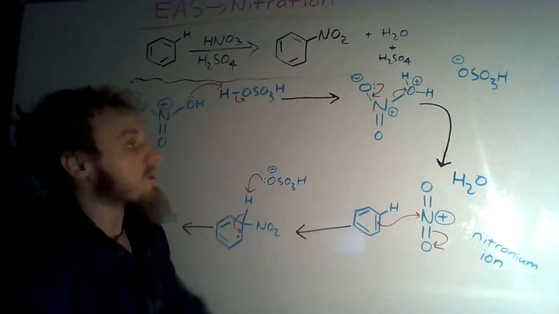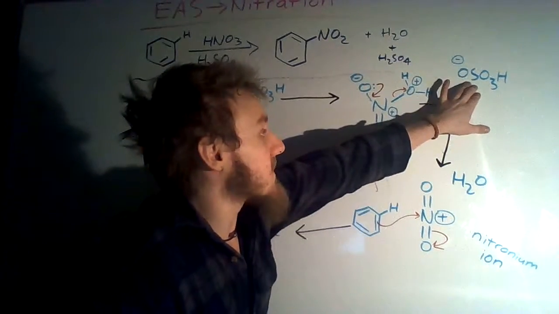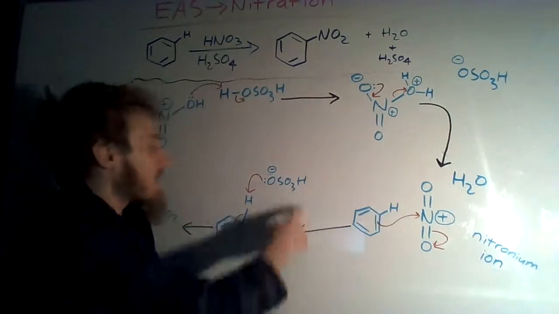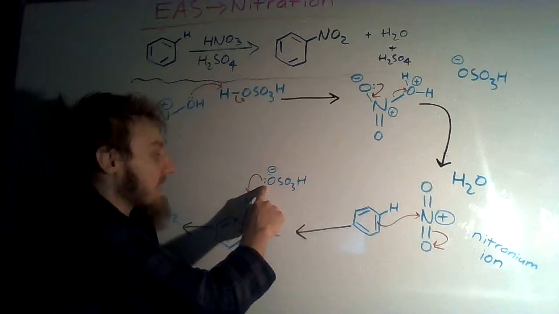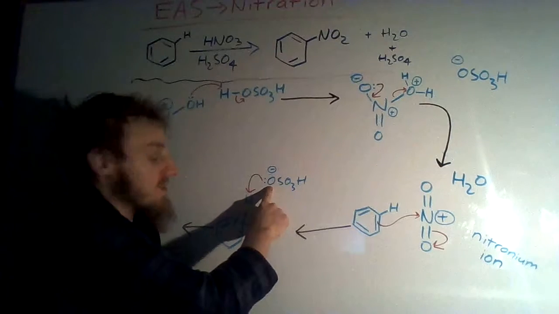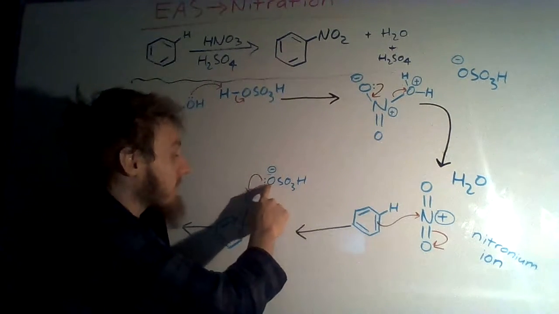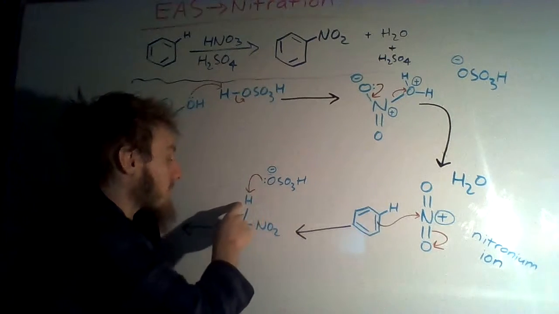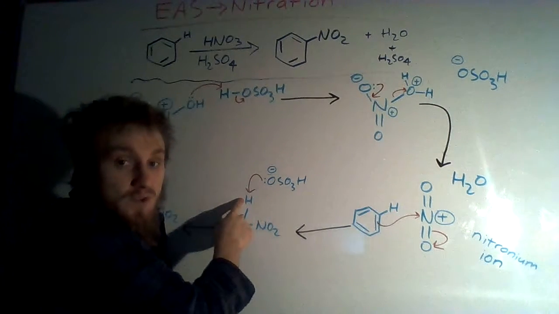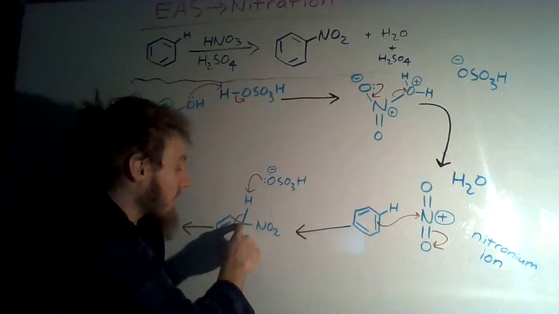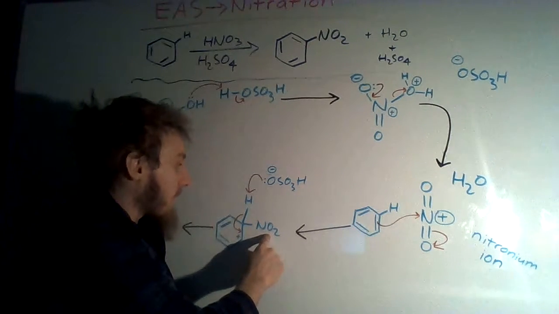So remember earlier when we generated this species here, this hydrogen sulfate or this bisulfate? So it's going to come by, and a lone pair on this oxygen, remember this oxygen was deprotonated earlier, a lone pair on this oxygen is actually going to deprotonate the hydrogen that we drew in earlier. So this is the hydrogen connected to the carbon that's connected to our electrophile.